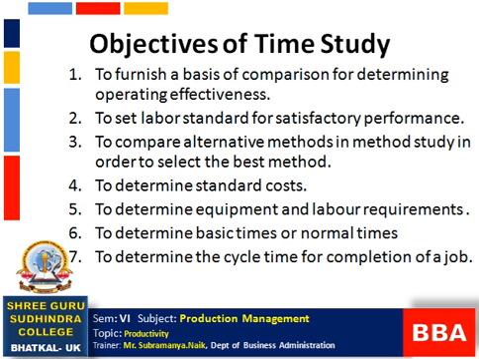All these things have to be recorded properly. Seventh and last one is to determine the cycle time for completion of a job. Every job involves a total cycle time, and in order to determine that cycle time, time study is very important.